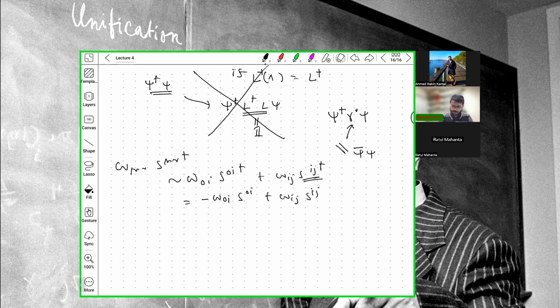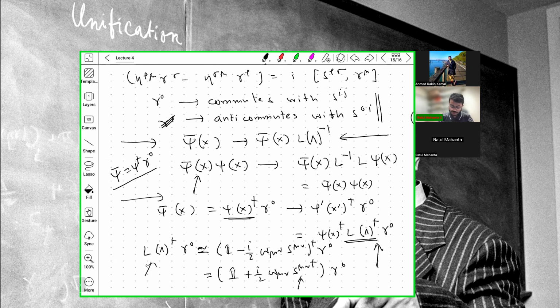Now, the property I have just mentioned is that gamma 0 commutes with S^{ij}, however, it anti-commutes with S^{0i}.